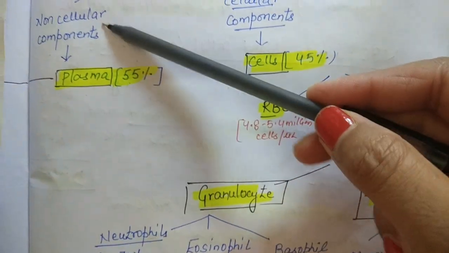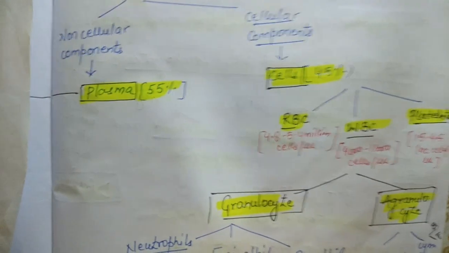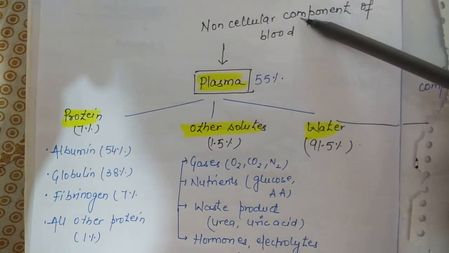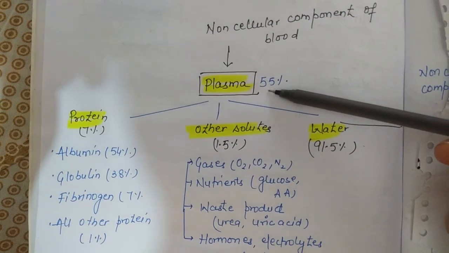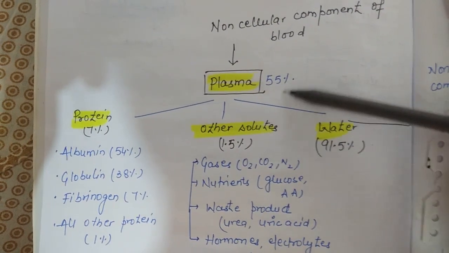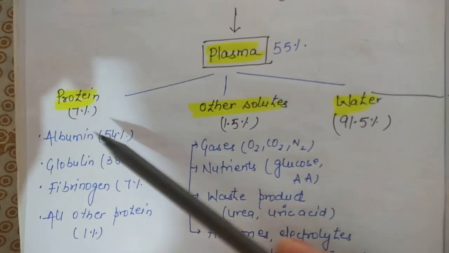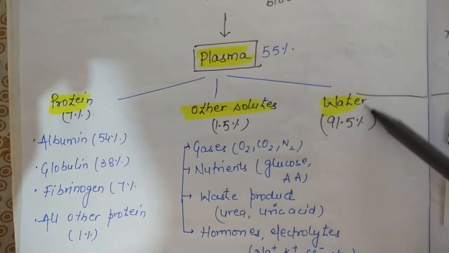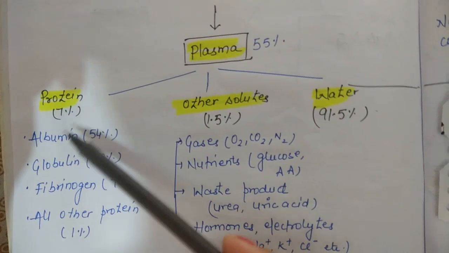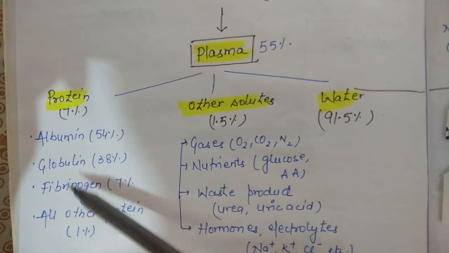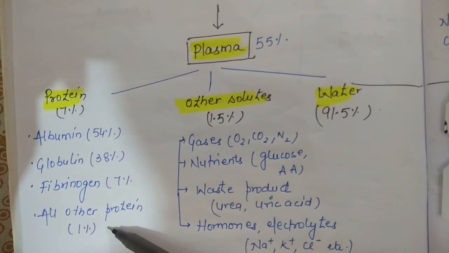Now we will discuss the non-cellular component, that is plasma. In the non-cellular component of the blood, we have plasma. It constitutes 55% of total blood volume. Plasma contains proteins, other solutes and water. In the proteins, plasma has albumin, globulin, fibrinogen and other proteins.